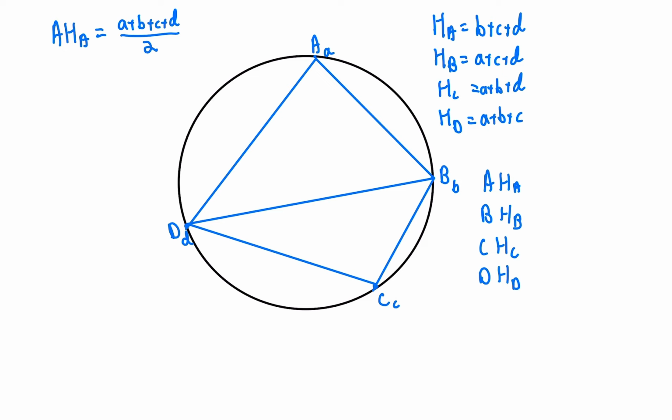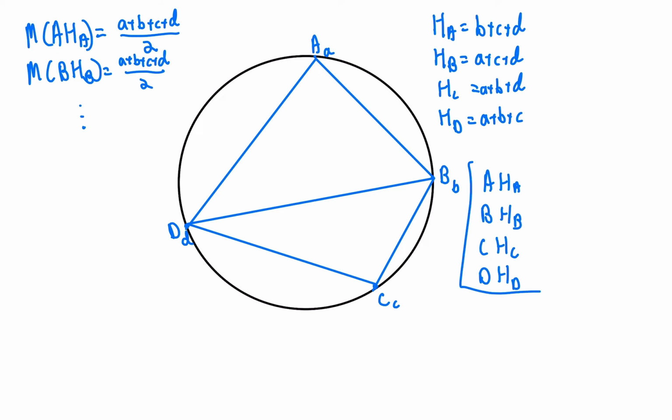Let's call the midpoint of AHA M of AHA, for some function M which is the midpoint. Similarly, the midpoint of BHB is also going to be A plus B plus C plus D over 2, and so on. So the midpoints of all these lines are the same. That means they're concurrent, and we proved the stronger statement that they all bisect each other. Because if all the midpoints are the same, then they meet at that point, A plus B plus C plus D over 2.